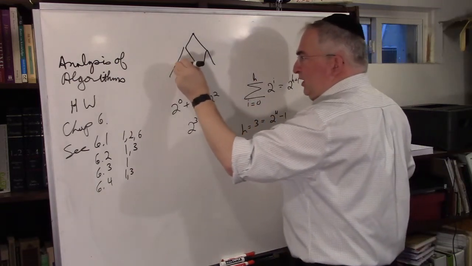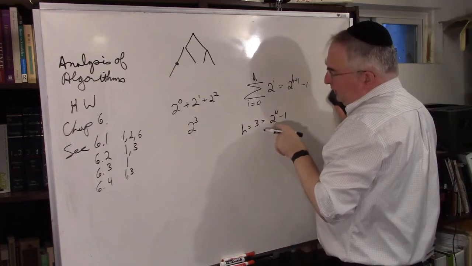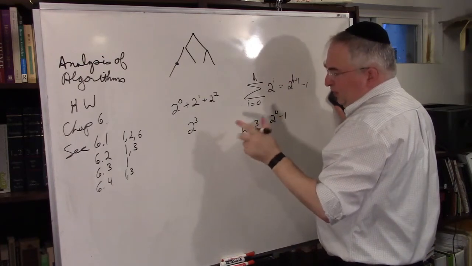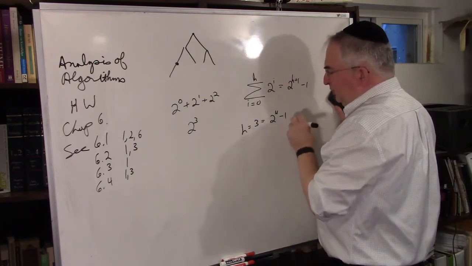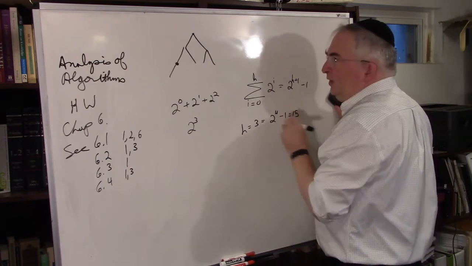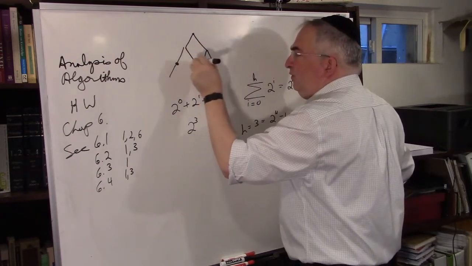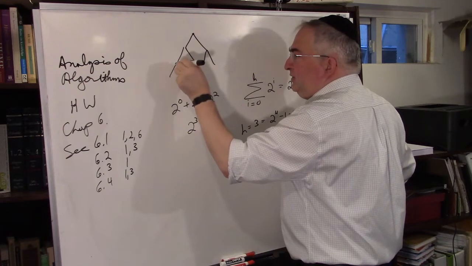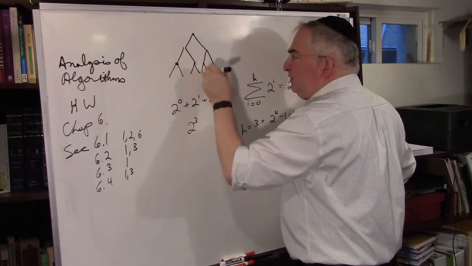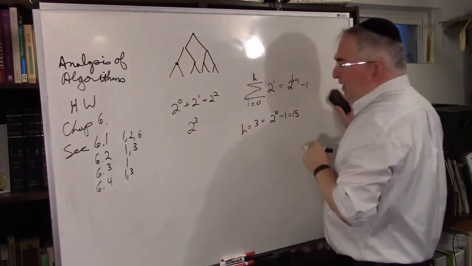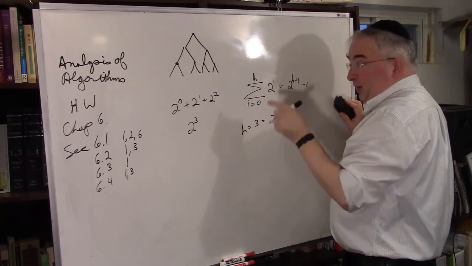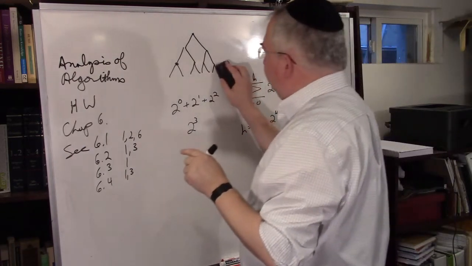So let's just do it. 2 to the 4 is 2, 4, 8, 16, minus 1. That would be 15. So 1, 2, 3, 4, 5, 6, 7, 8, 9, 10, 11, 12, 13, 14, 15. That would be the maximum.